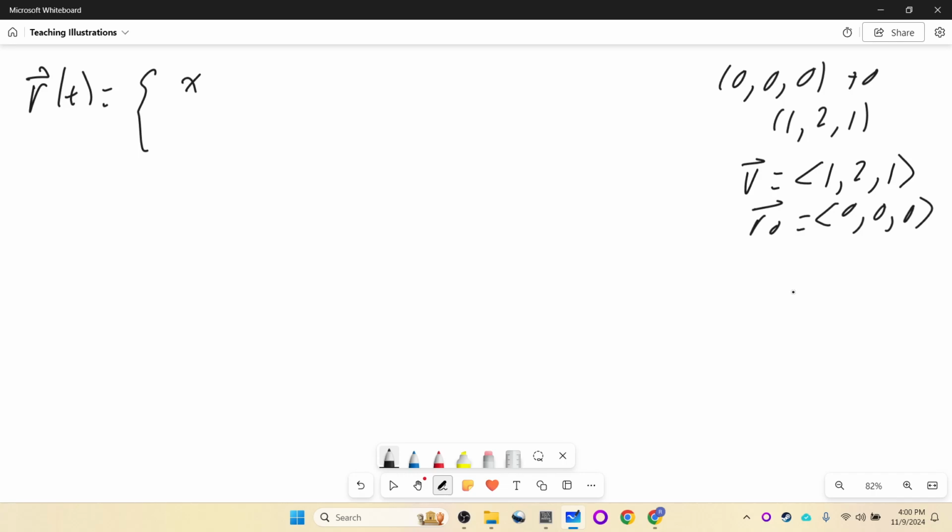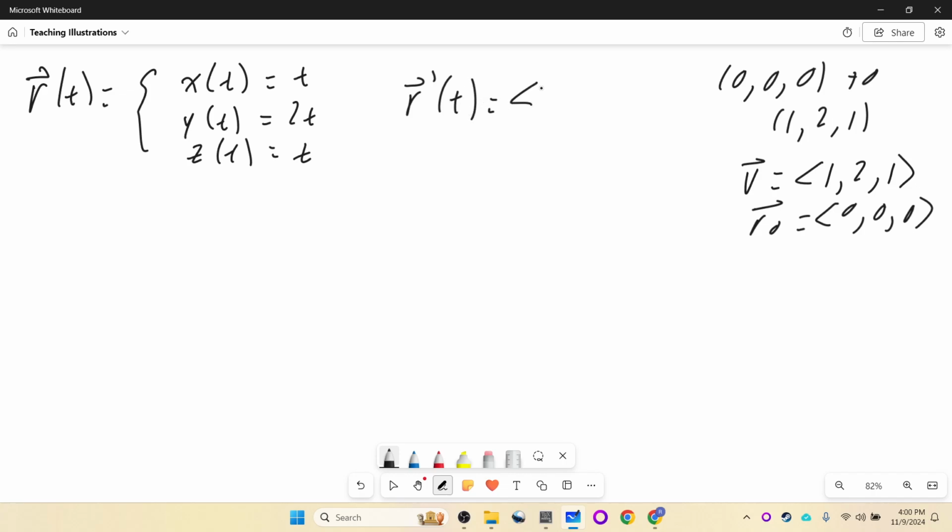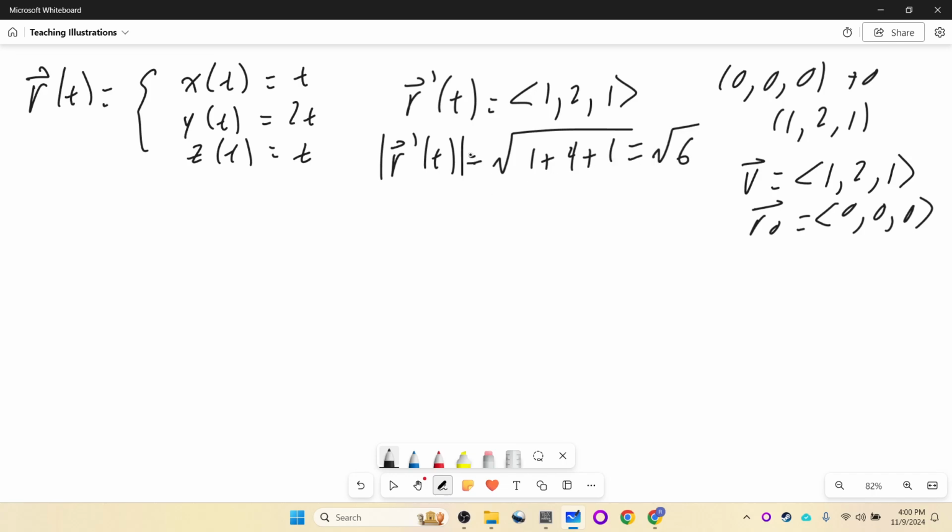To me, that's the easiest way to do it, but you could also use that 1 minus t formula if you prefer. But then x of t is t, y of t is 2t, z of t is t. So then r prime of t is 1, 2, 1. And then the length of r prime of t is square root of 1 plus 4 plus 1, which is square root of 6.